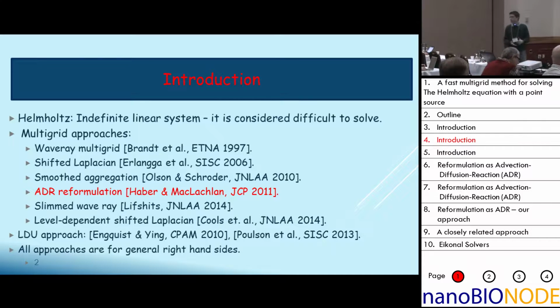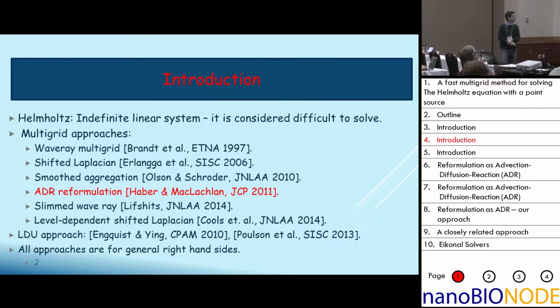So it's an indefinite linear system, quite well known. It is considered to be difficult to solve, but still there are many multigrid approaches. There is WaveRay. One of the most common or famous solvers is the shifted Laplacian approach, but we'll stick to the ADR formulation that was suggested by Haber and MacLachlan in 2011.